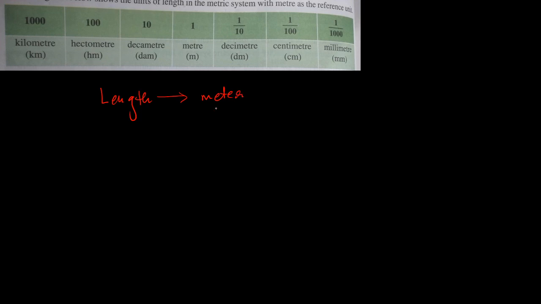But meter is not the only unit of length. There are so many units to measure the length, for example, centimeter, millimeter, kilometer, hectometer, decimeter, and all the units are given here in this chart. As you can see, kilometer, hectometer, decameter, meter, decimeter, centimeter, and millimeter.